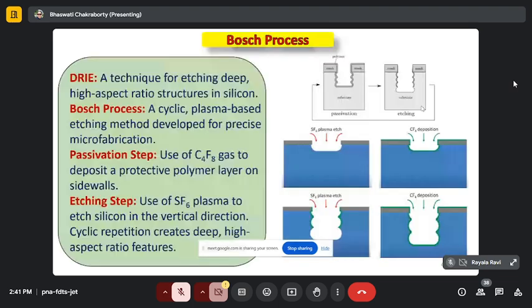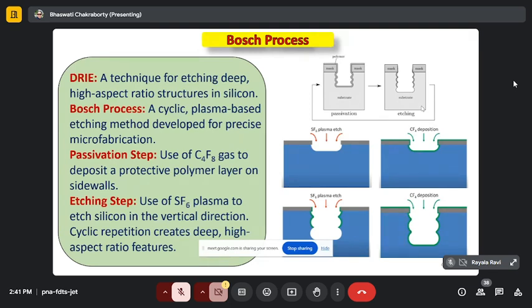Now, I want to talk about two particular processes which are absolutely necessary in semiconductor fabrication. One of them is called the Bosch process.